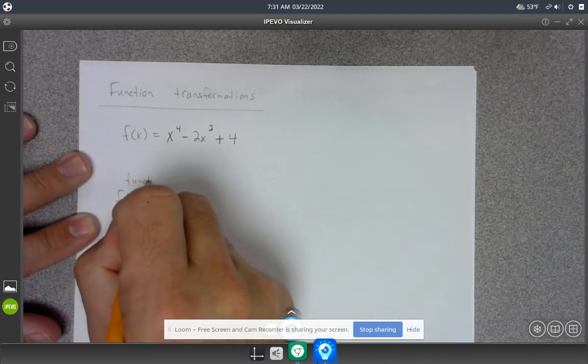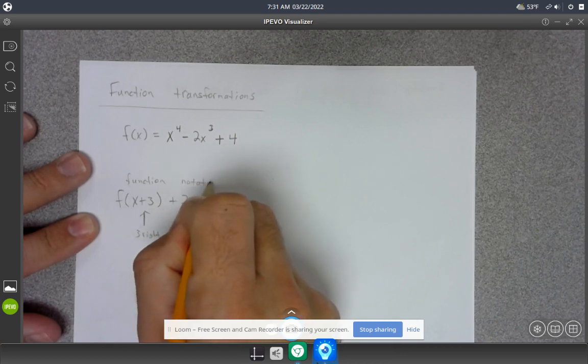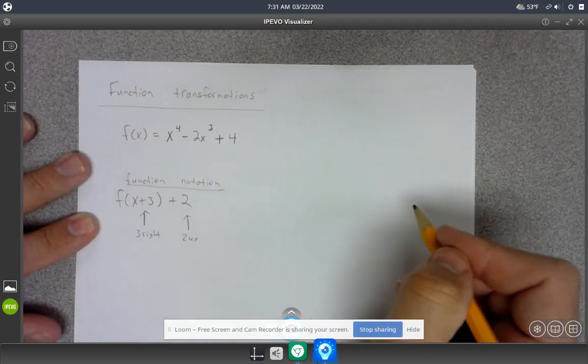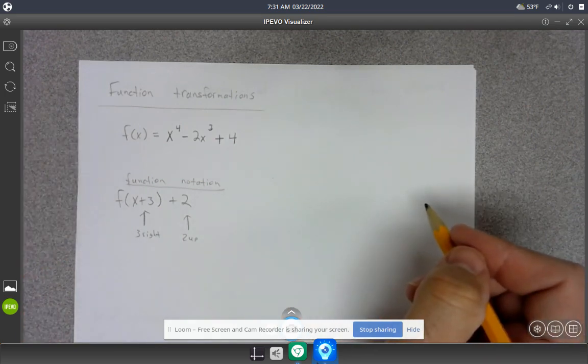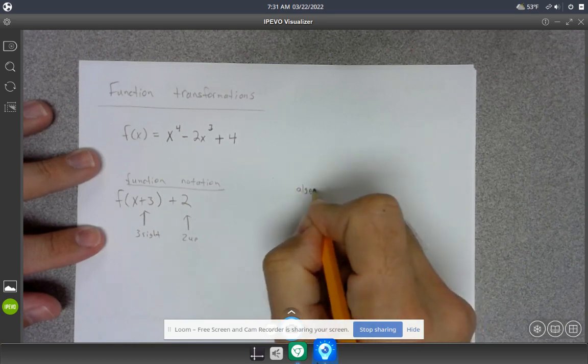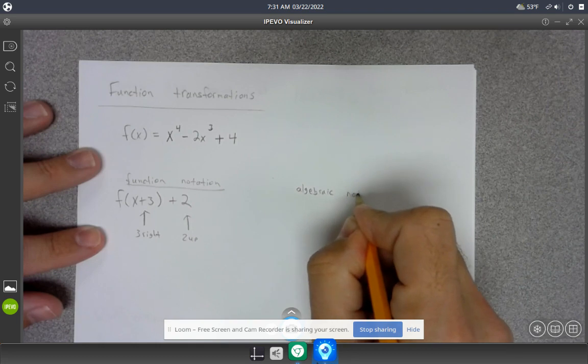This is what I'm going to call function notation for how to do this. I don't really have a good name for this other form, but it's like the real form. I'm going to call it algebraic notation. And it's what you would get if you actually spent the time simplifying.